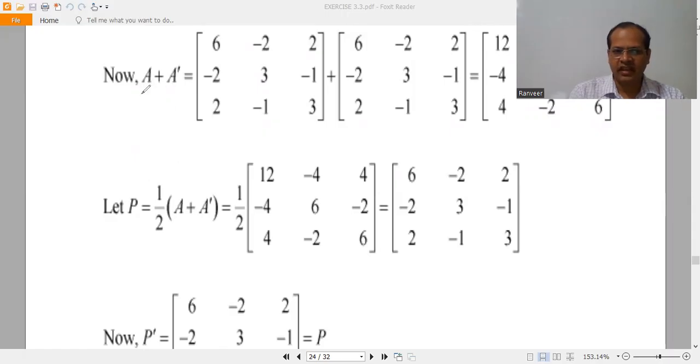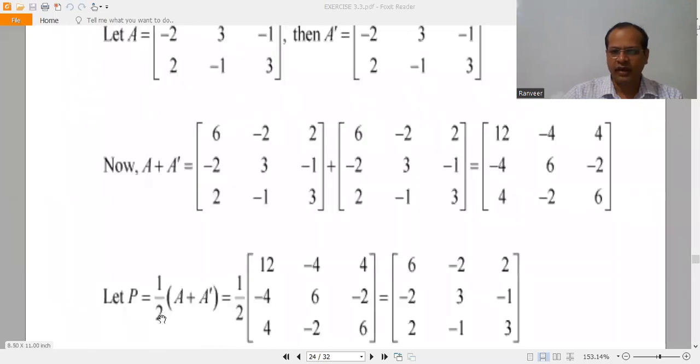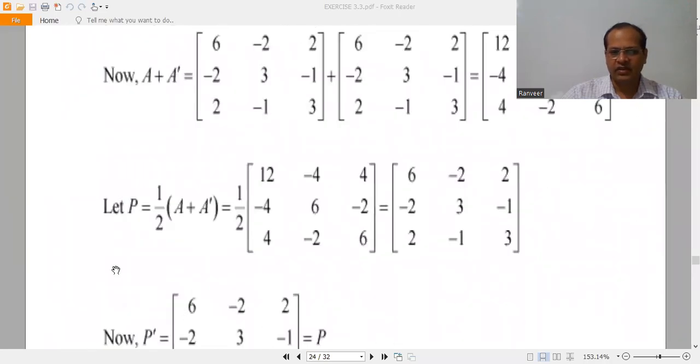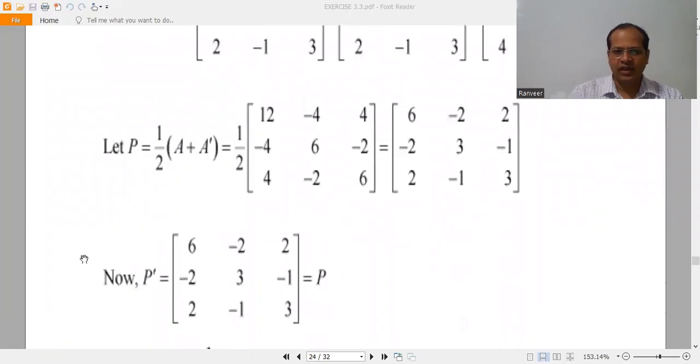So this is A dash, that is A transpose, which we have to find. This is the matrix we got. This matrix we can write in the form of 1 by 2 of A plus A dash, and this we represent as P. After taking the transpose, this is equal to P; both values are the same.